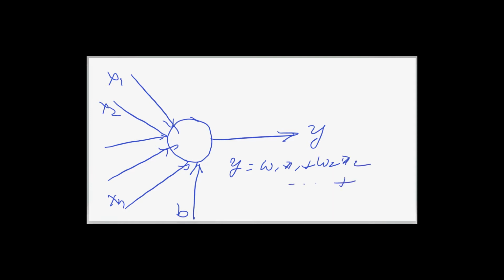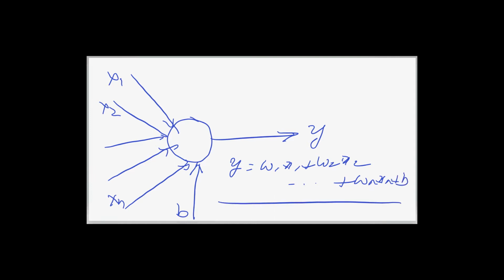To our simple perceptron model, by adding more inputs, x1, x2, all the way up to xn with our bias term, we produce an output y in the form of w1 x1 plus w2 x2 all the way up to wn xn plus b.